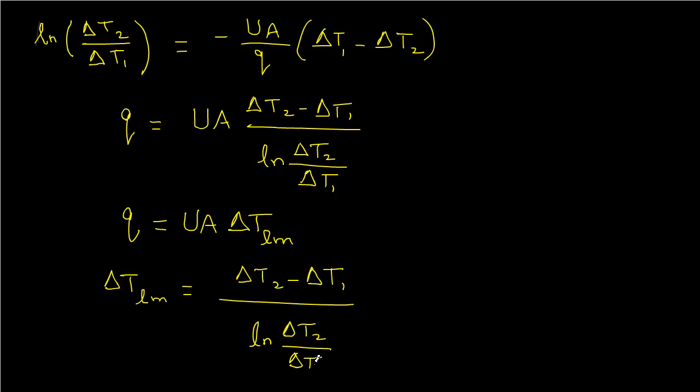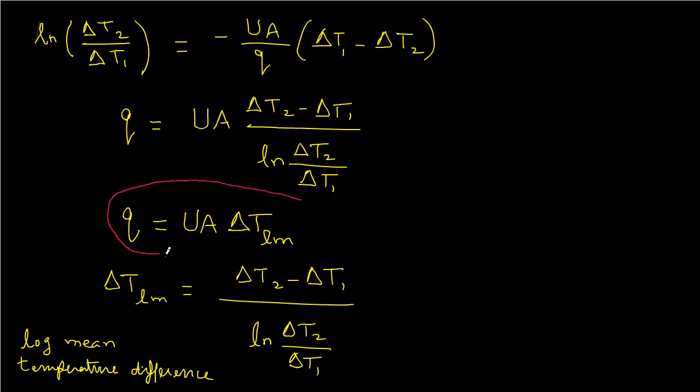And we call this delta T LM the log mean temperature difference. So the important equation in design of tubular heat exchangers is Q equals UA delta T log mean, and we have seen how the delta T log mean is obtained.